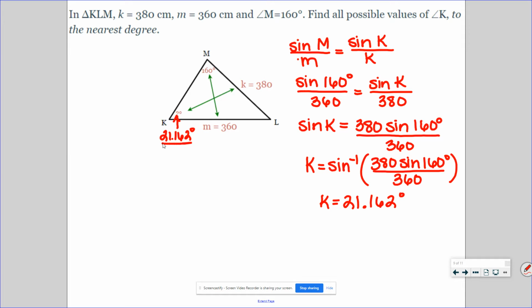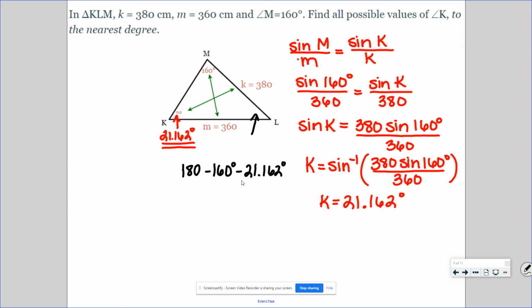Please don't stop at this point. There's one more thing that you need to do to check your work, and that is you need to find angle L. To find angle L, remember what we were doing before, just do 180 minus the two angles that you have. So we have 160 and 21.162.